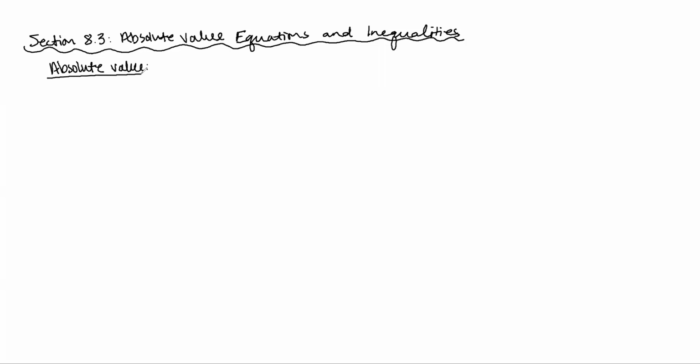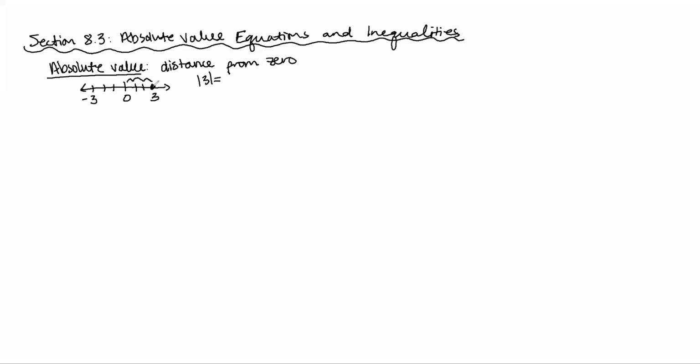So remember, absolute value is just the distance from zero. So if we have a number line here, let's put 0 in the middle. And then I'm going to go out to 3 on each end, so 3 and -3. If I were looking at the absolute value of 3, this is saying how many units is 3 from 0?